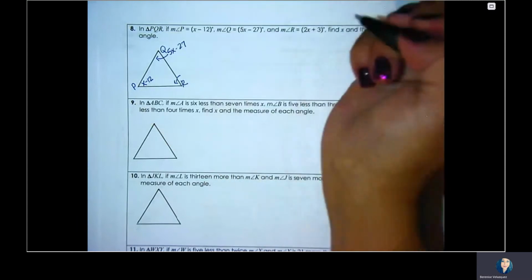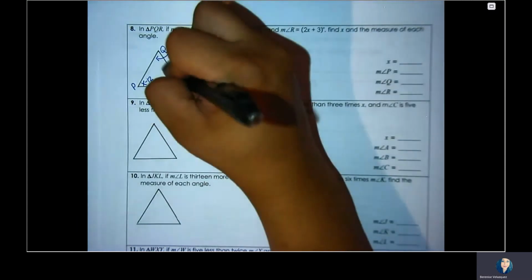And then we have that angle R, this one here, is 2x plus 3. It says find x and find the measure of each angle. So this is actually not too bad. Something that you probably could have done without drawing the picture, but again, I like to visually see it, so I want to draw the picture.